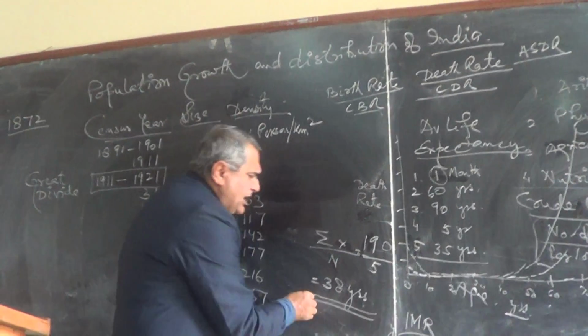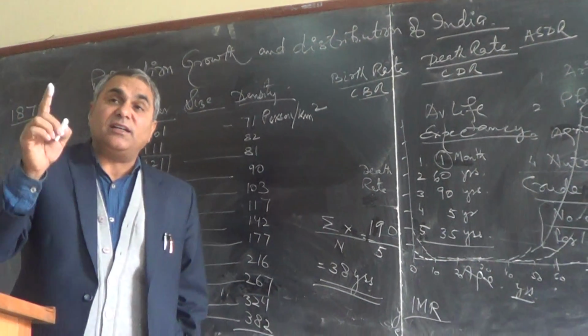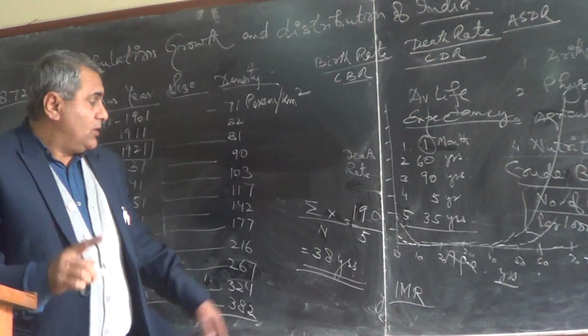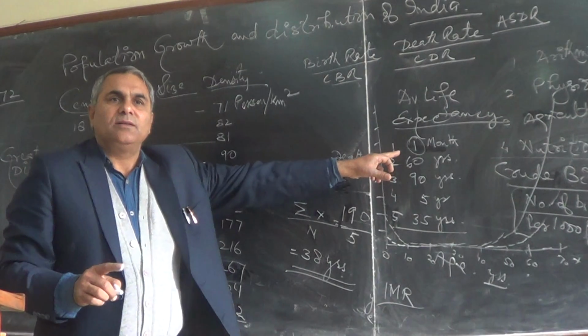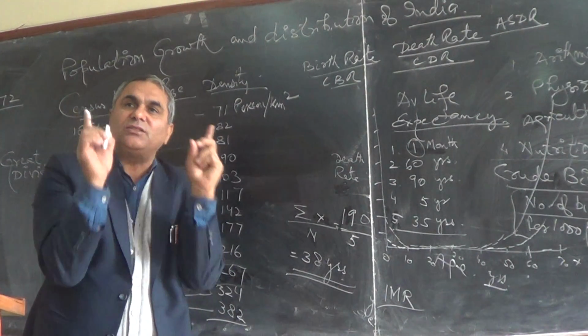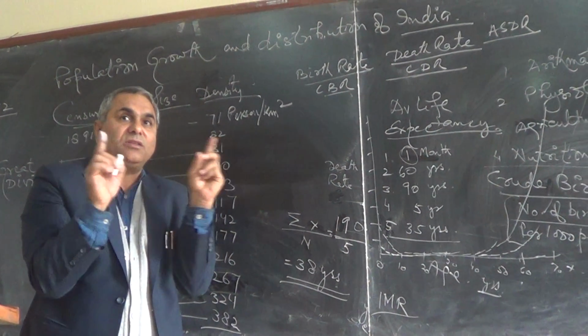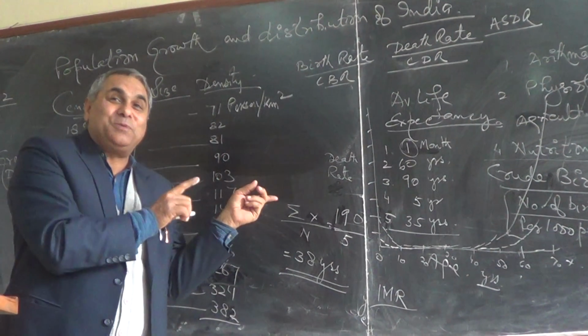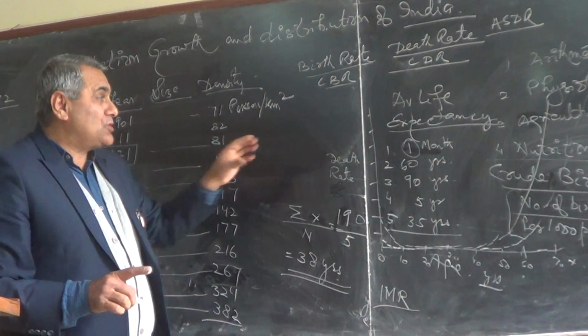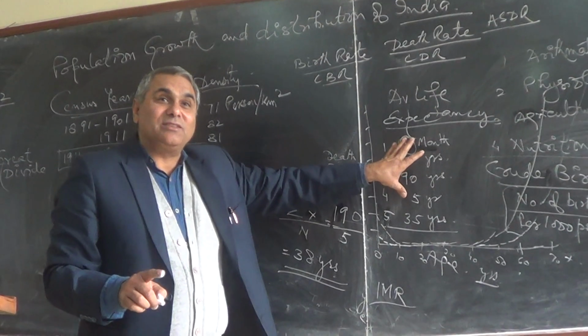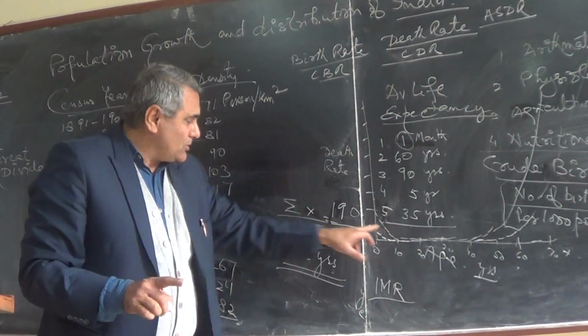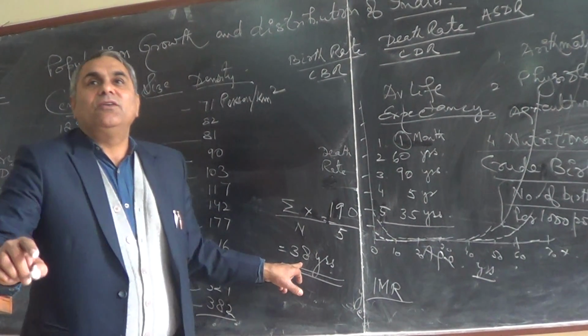Approximately what is the average life expectancy at that particular time in that village where 5 deaths have taken place in 1 year? It is not important how many births have taken place. For how many years people lived on average at that time, on the basis of this we calculate the average life.